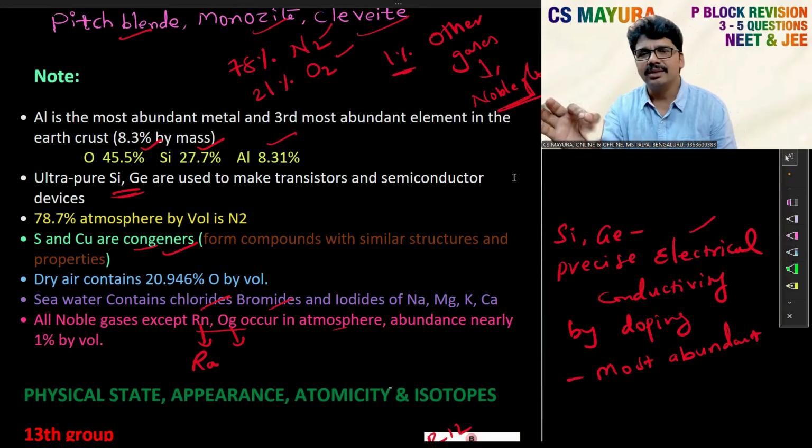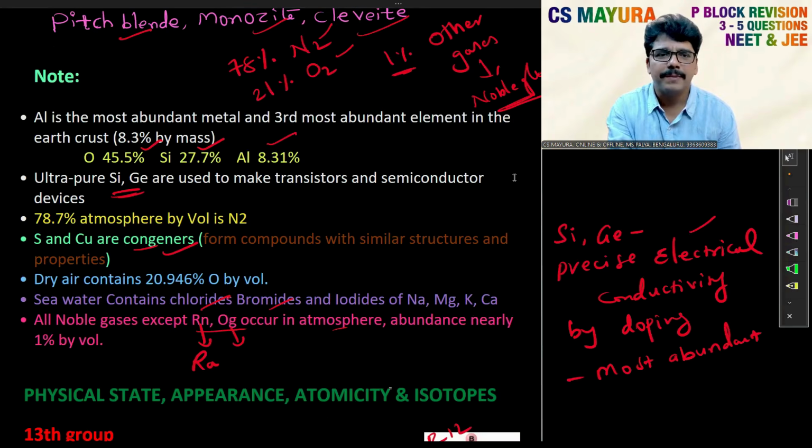I want a particular range of electrical conductivity, so we can use silicon and germanium by doping. Addition of impurities is doping, you know that. So to get precise electrical conductivity, silicon and germanium are more useful. The second point is they are abundant; their percentage in the earth's crust is more. Because of these two reasons, silicon and germanium are used as semiconductors and in transistors in pure form.